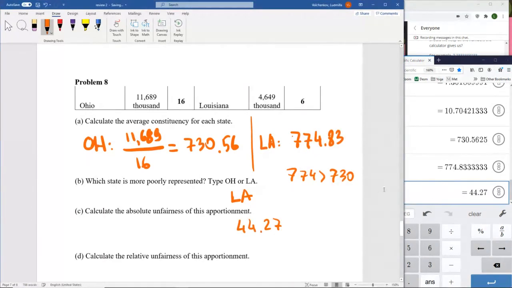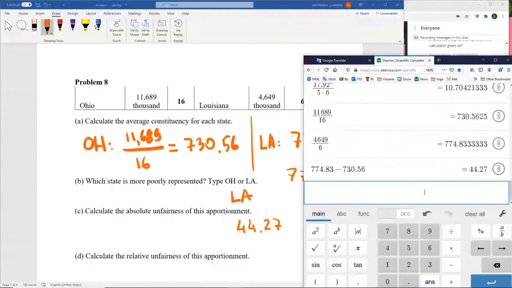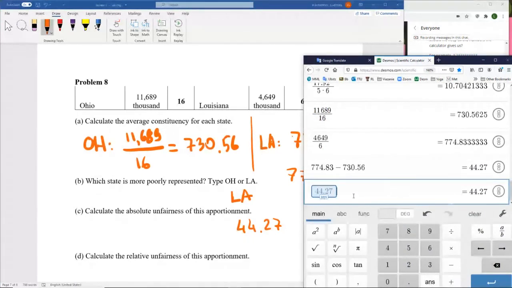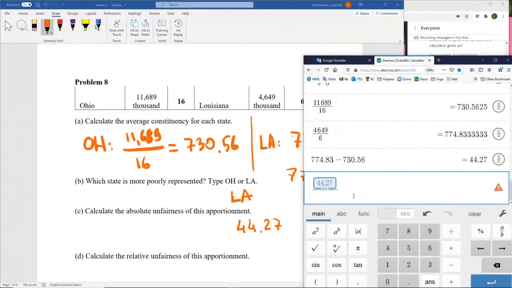Okay, this is the absolute unfairness, 44.27. And for the relative unfairness, if you forgot what you must divide by, you will have the formulas, and it will remind you that you divide by the smallest constituency, 730.56.